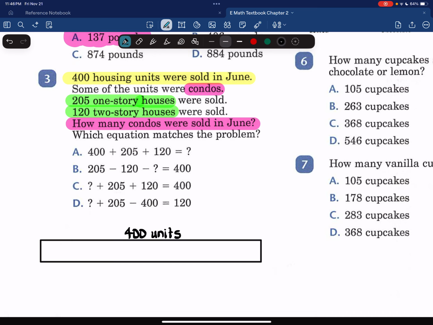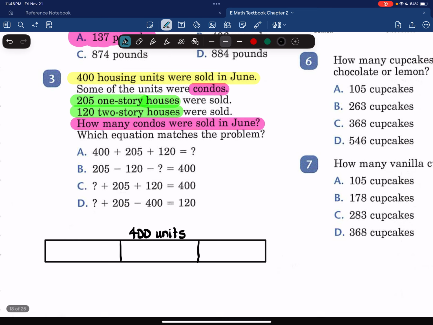So there are 3 different variables in this problem. Goodness gracious. We know that we had 205 one-story houses.